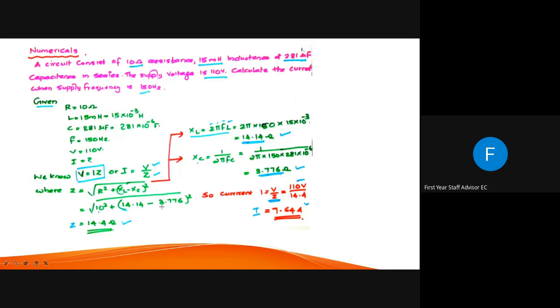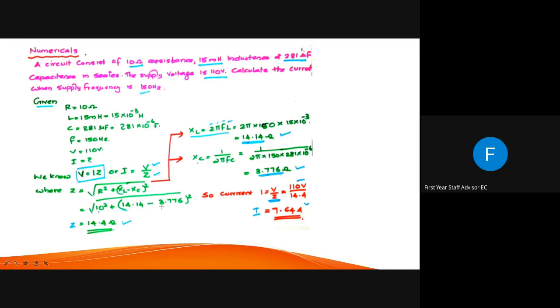A circuit consists of 10 ohm resistance, 15 millihenry inductance, and 281 microfarad capacitance in series. The supply voltage is 110 volt. Calculate the current when the supply frequency is 150 hertz. It is not 50, it is 150 hertz.